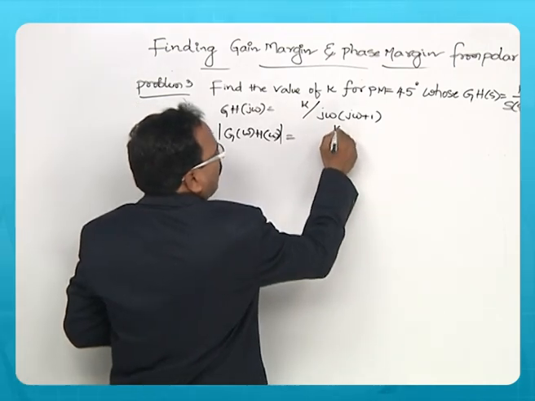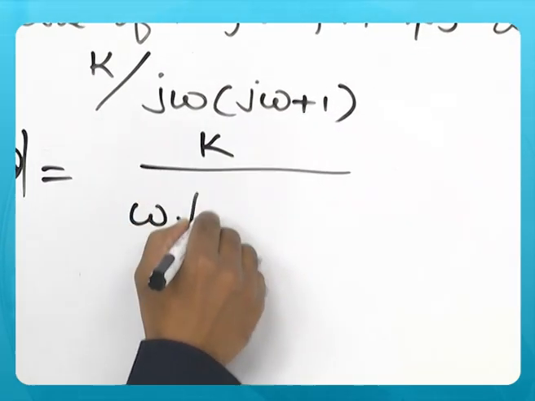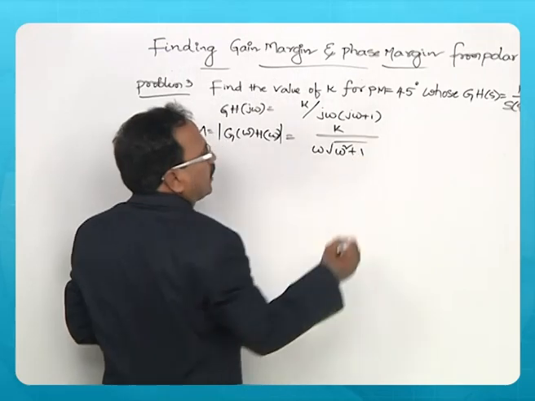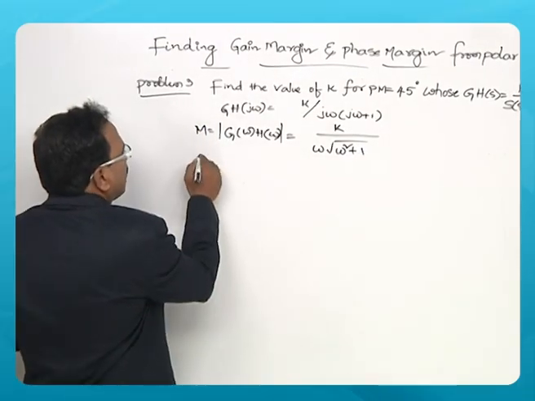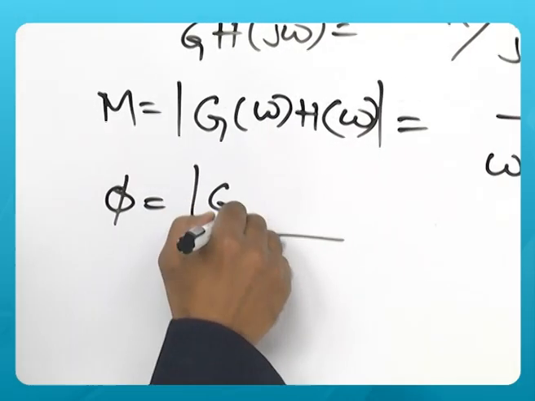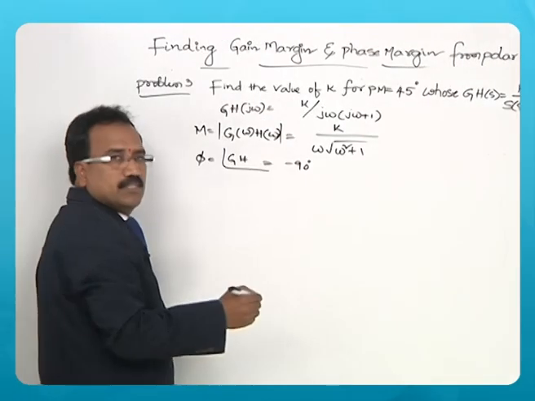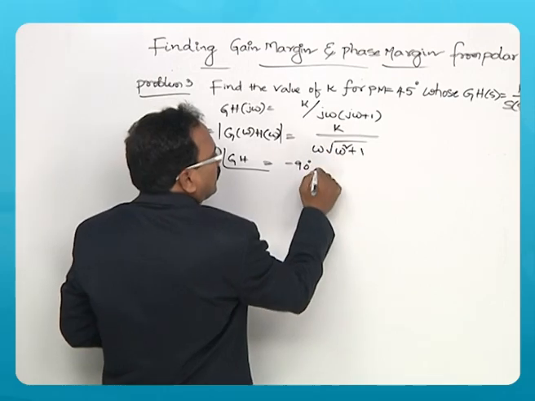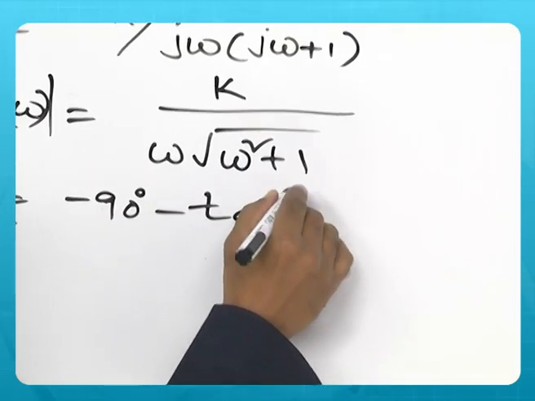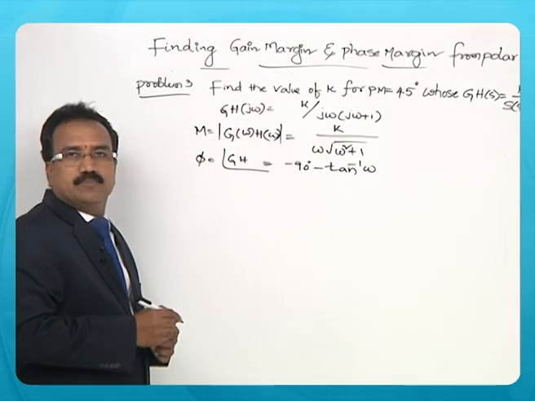It is K by omega under root of omega square plus 1, and the phase angle term, angle GH, is minus 90 for the pole at origin and minus tan inverse omega for the other term.